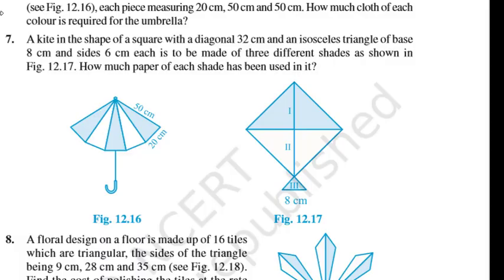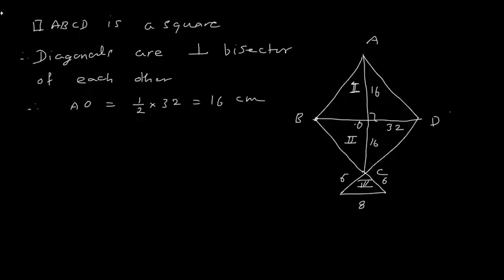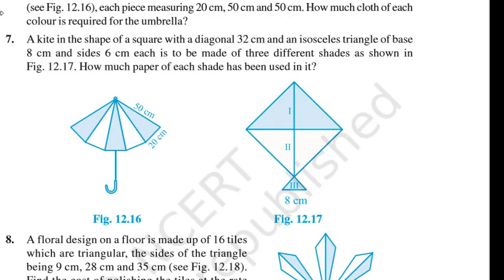Now let us see, all dimensions are in centimeter. So 16 centimeter. So I will say the area of part 1 is equal to the area of part 2. How much paper of each shade, shade 1, shade 2, we can say.